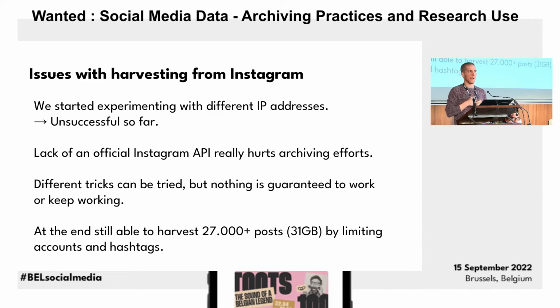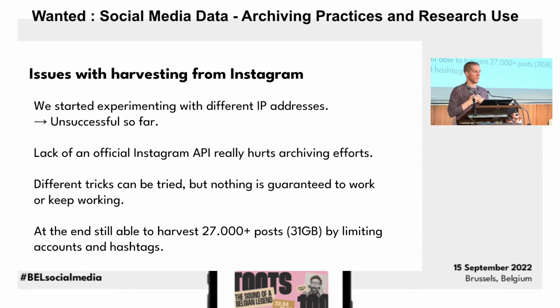So the lack of an official API for Instagram really makes archiving a lot more difficult. I mean, for Twitter, there's the API, you get some data, you don't get blocked, but for Instagram, they basically don't want any machines to scrape their websites or their apps and so on.